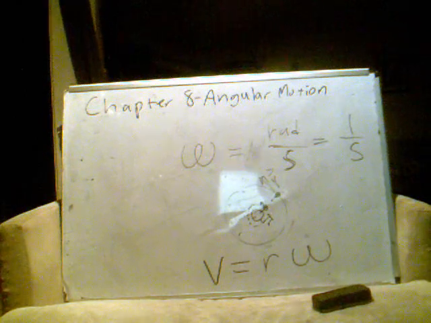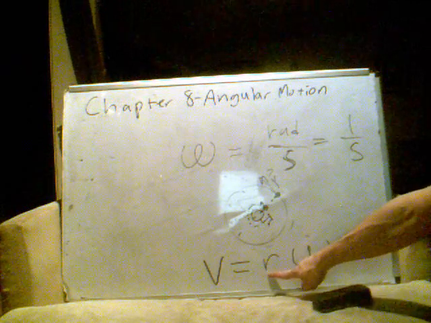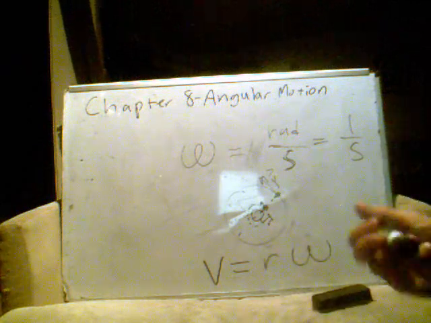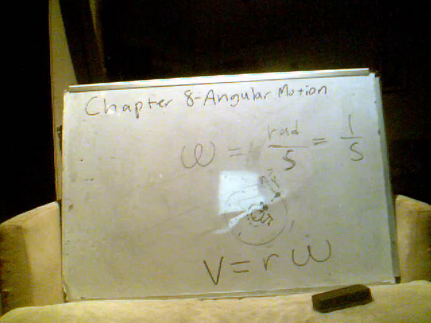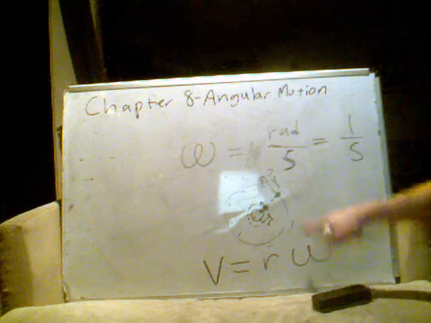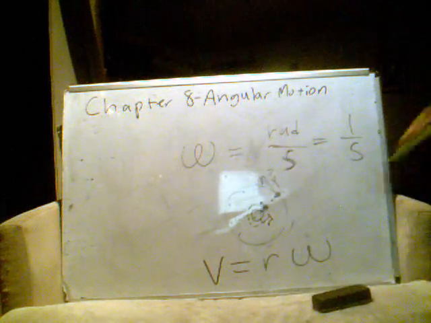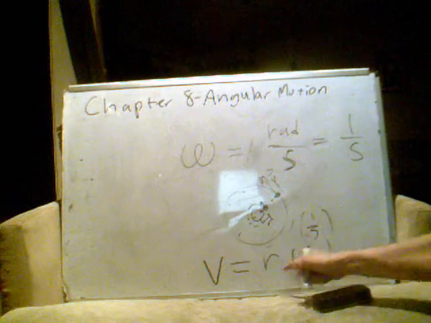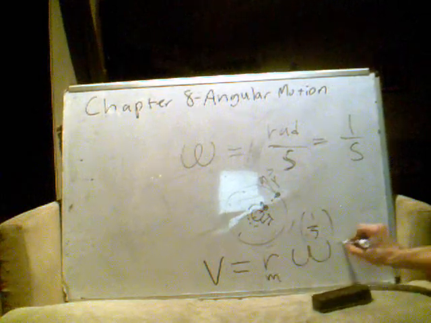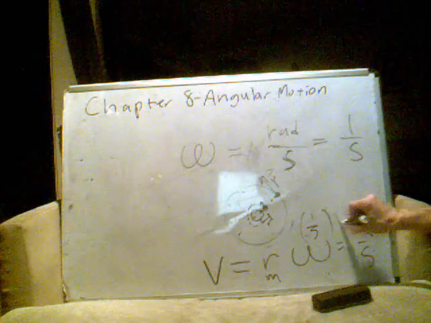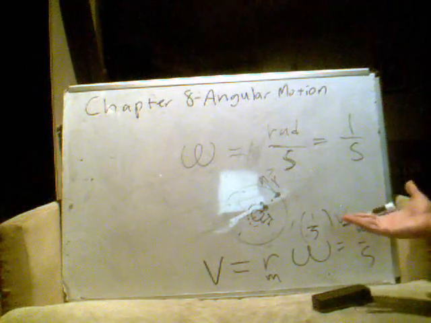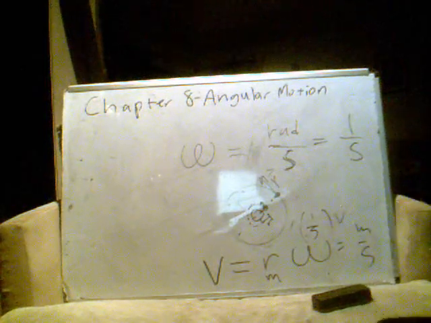Now, what should the units of tangential velocity be? Okay, well, obviously for omega, for our angular velocity, we've got 1 per second. And then distance obviously is going to be meters, so this is going to give us meters per second, which is what we would expect for a linear velocity, right?